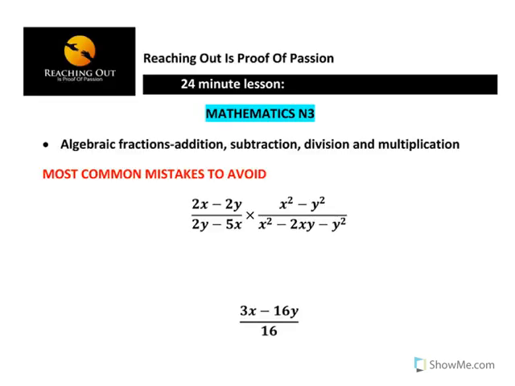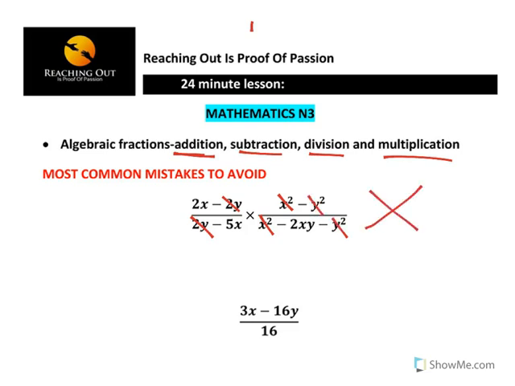Now, let us move on to look at fractions. When we are looking at fractions, we are going to look at addition, subtraction, division, and multiplication. Let's start with division and multiplication. There is a common mistake to be avoided: whenever you are given a fraction like this, you are tempted to cancel it like that, and you are tempted to cancel things like this.